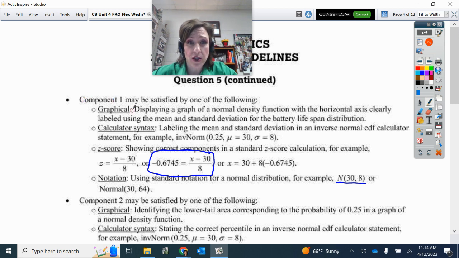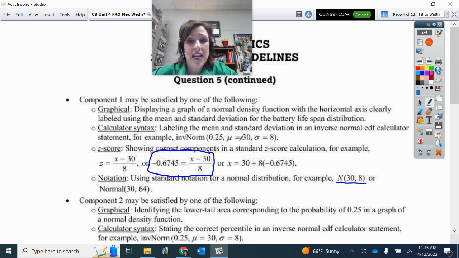Component 1, that normal model clarification, could be done with a graphical display with the horizontal axis labeled with the mean and the standard deviations of the battery lifespan. I did not do that completely. I had the mean on there, but I did not go up and down by standard deviations, so I would not have gotten credit for that.